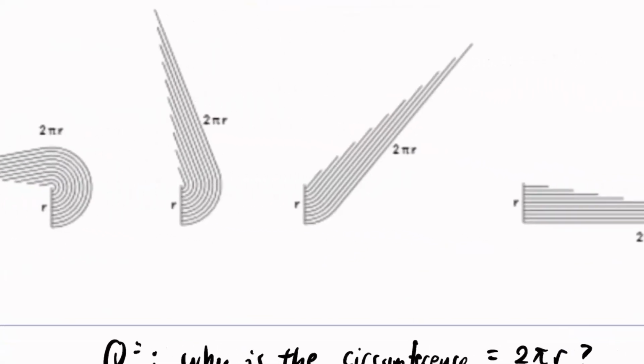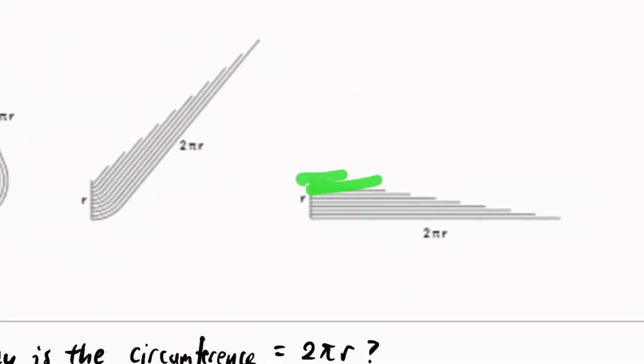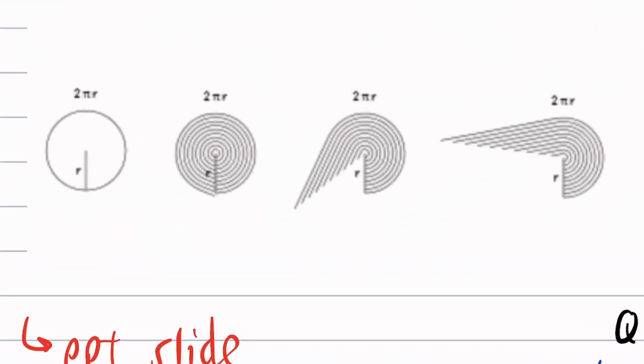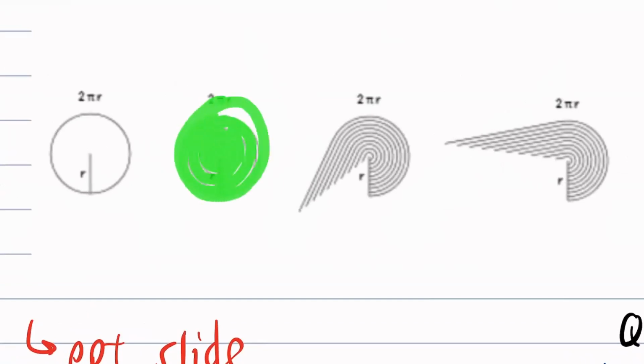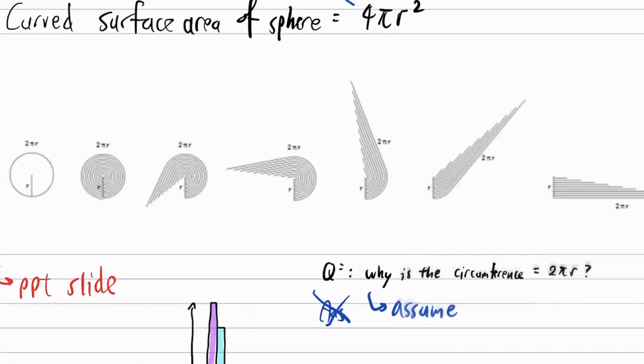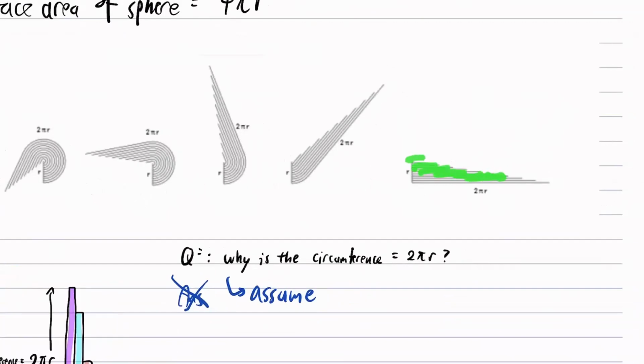Unwrap until eventually it becomes many flat horizontal lines like this. So if you have a lot of these circles, very tightly packed together and very close to each other, these horizontal bars will be so close that it looks almost as if it's a straight line. Can you see that?